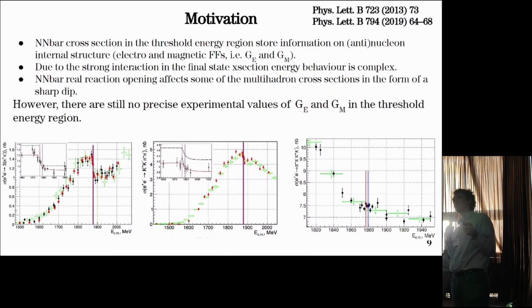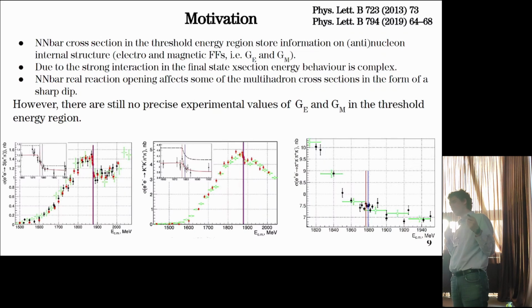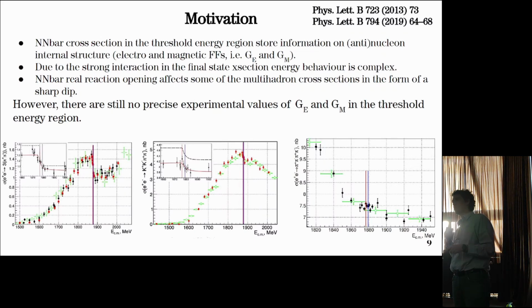It's important not only in the proton-antiproton channel, but also in the neutron-antineutron channel, but that is a separate analysis. This internal structure also affects other processes, multi-hadron processes like e+ e- to six charged pions, or K+ K- pi+ pi-. Also, there are some effects in other channels, but I will not cover them.